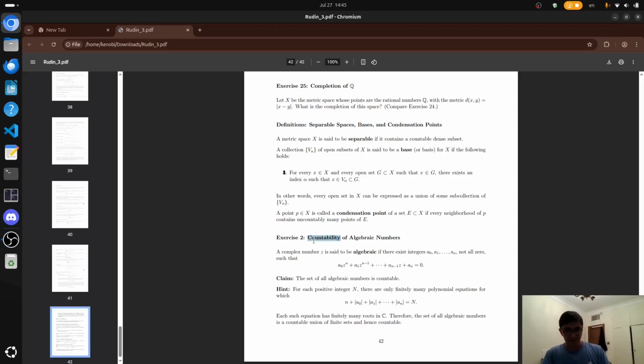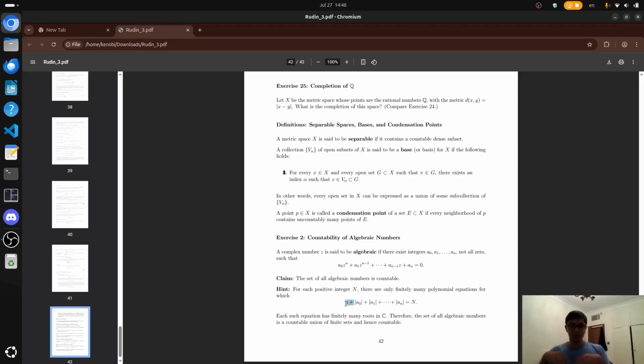And from chapter 2, we have this exercise. A complex number z is said to be algebraic if there exist integers a0, a1, to an, not all 0, such that this polynomial equals 0. Now, we claim that the set of all algebraic numbers is countable. Basically, for each positive integer n, we can choose the coefficients of these polynomials with that degree and form an equation with them.